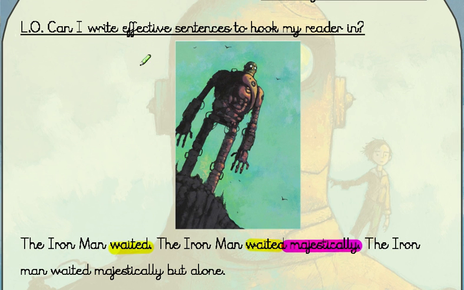And then again repeated, the Iron Man waited majestically. And then I've got a conjunction, but alone. So adding a little bit extra every single time, but having that repetition to make a dramatic first few sentences.